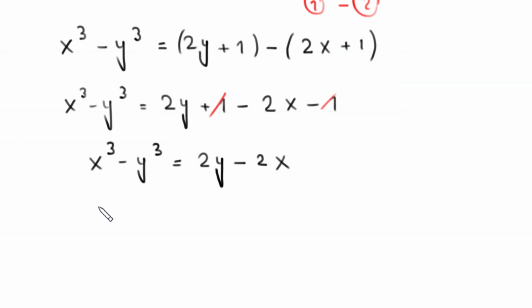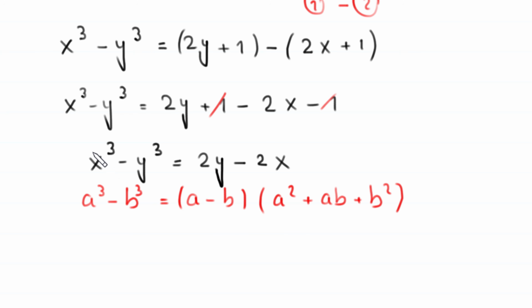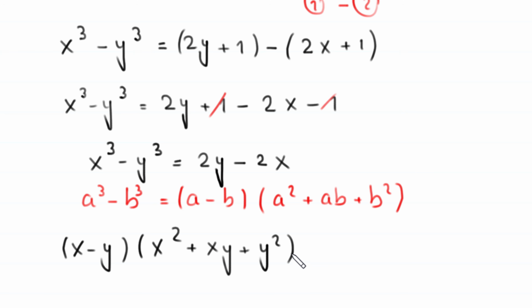Now by using this algebraic identity, a cubed minus b cubed equal to a minus b times a squared plus a times b plus b squared, this x cubed minus y cubed will become x minus y times x squared plus x times y plus y squared equal to, from these two terms we can factor out negative 2, in bracket x minus y.